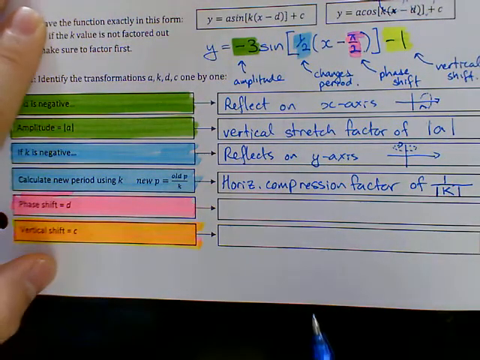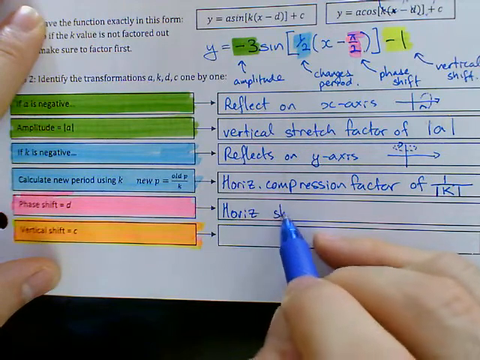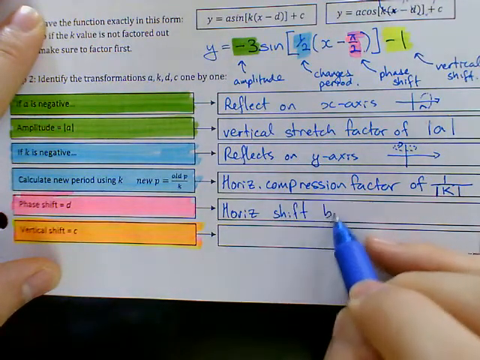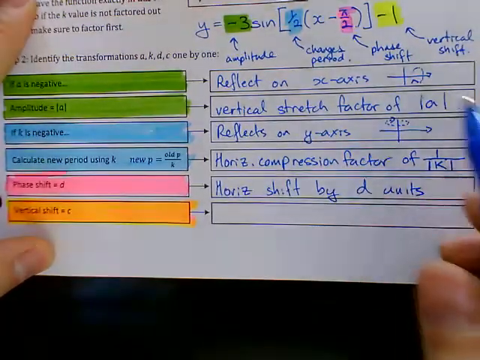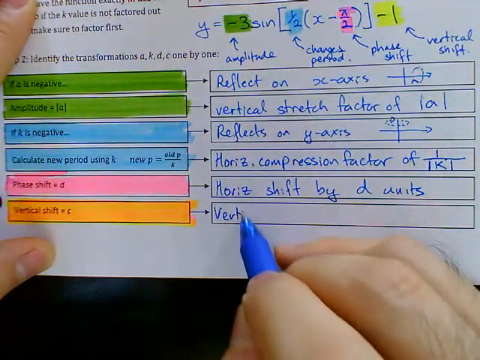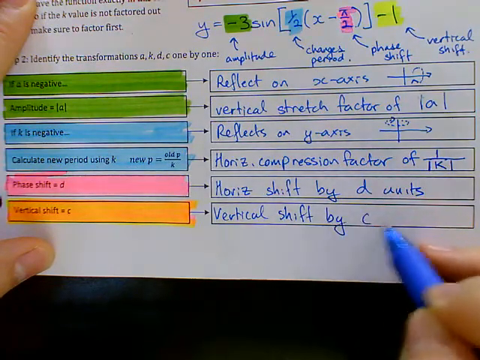And then I'll do short form. Phase shift of D is just the horizontal shift by D units. So it could be left or right. Vertical shift up or down by C units.